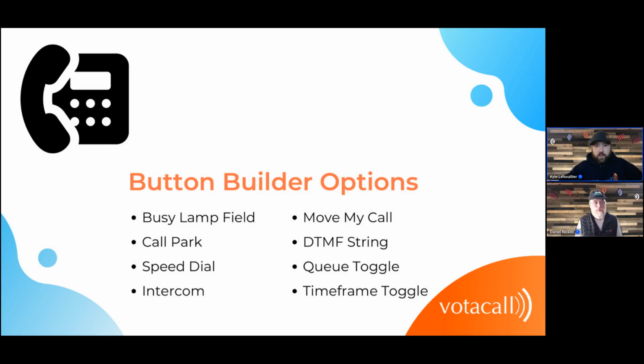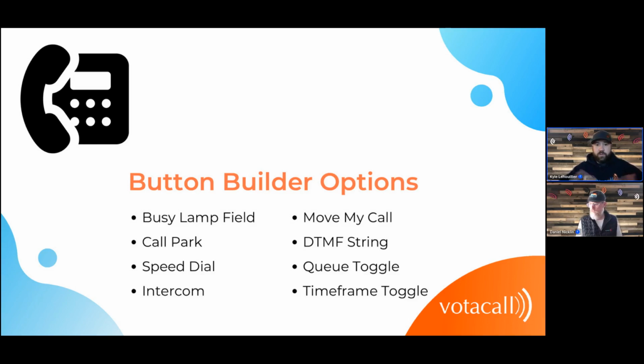We also have queue toggles, which you're most likely going to see in call center scenarios, where call center agents would hit the queue button to log into the queue to receive calls. They hit the queue button again to sign out of the queue if they were stepping away for break, lunch, or end of shift. We can also program time frame toggles, which is another thing we've seen with folks coming off of the legacy phone systems. We encourage folks to automate your phone system.